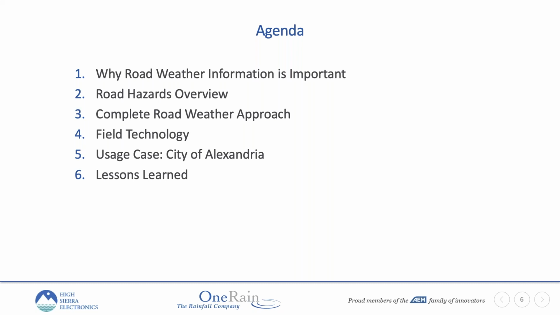Might be preaching to the choir a little bit with those first two, but we think it's important to set that groundwork as we build off of that towards our complete road weather approach. And we'll get into some field technologies that help to enable that complete road weather approach. And then Brandon will take us home with a really in-depth dive on the city of Alexandria and the great work that they're doing out there.